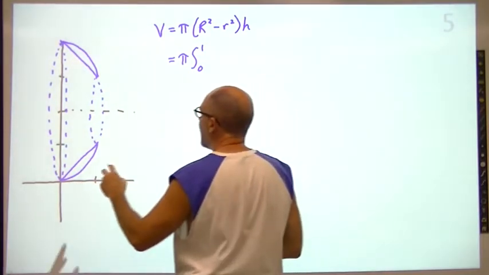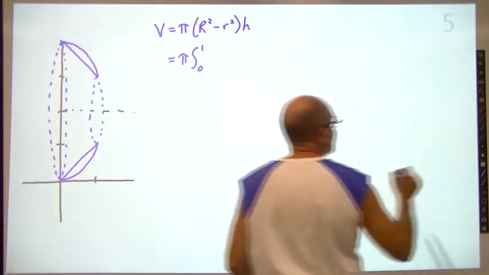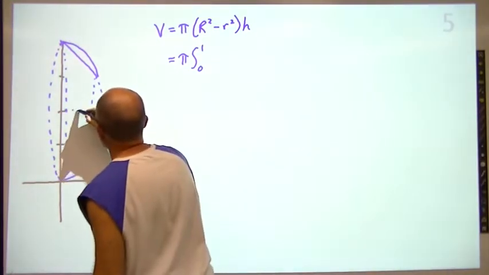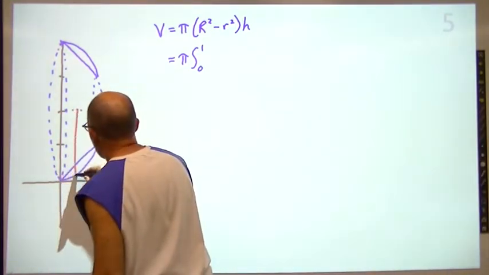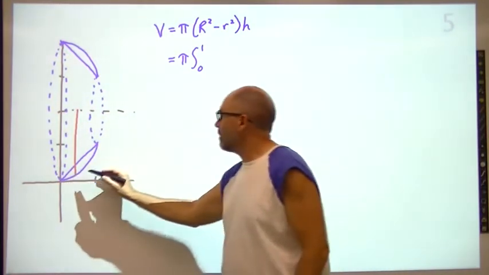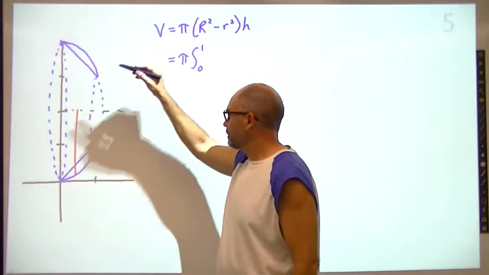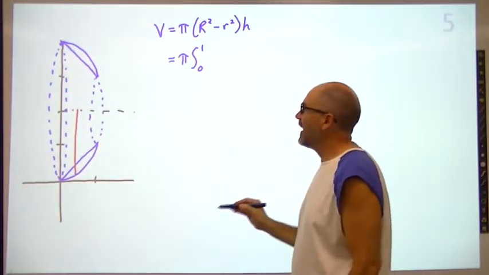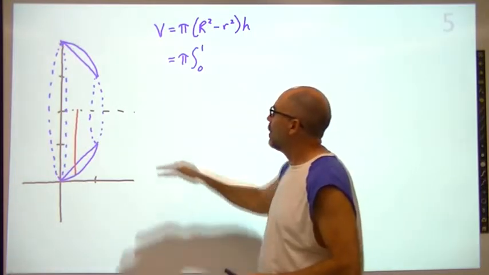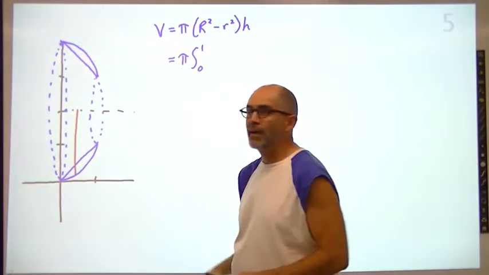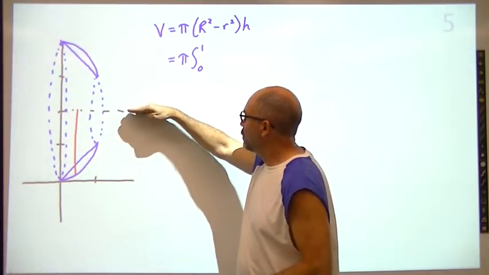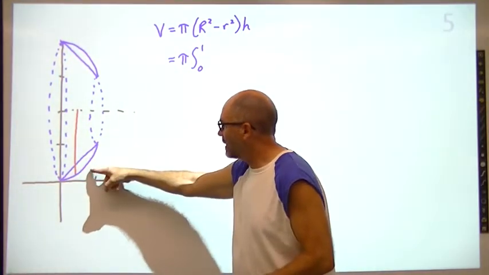Now, what's my capital R? It's the distance from the axis of rotation to my bottom value. So what is that distance? Well, if we're talking vertical distance, then you always go top minus bottom. So that vertical distance is going to be 2 minus x squared.